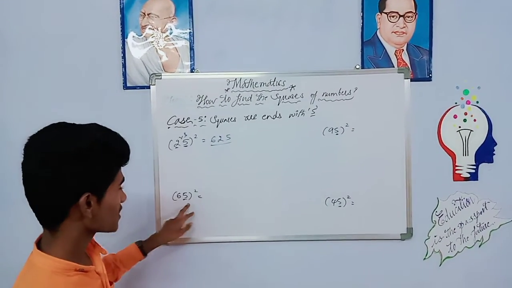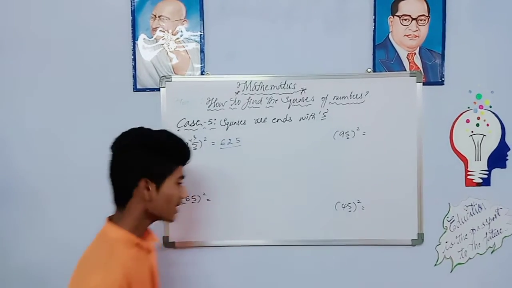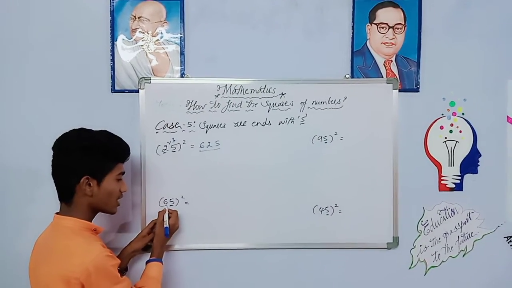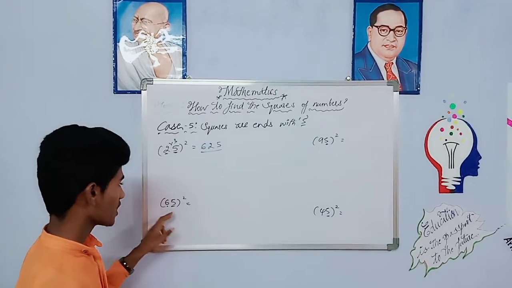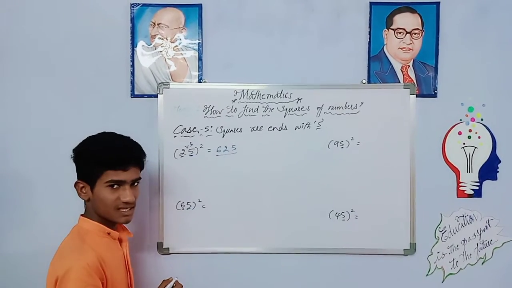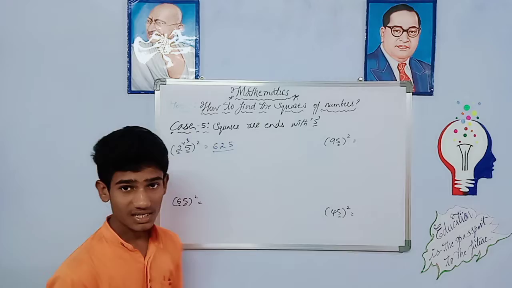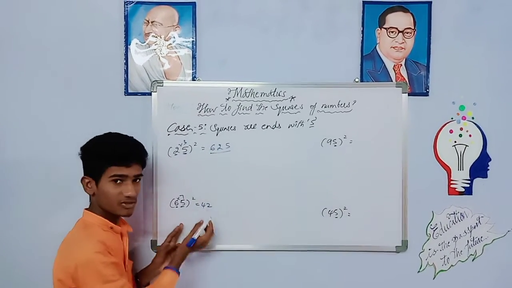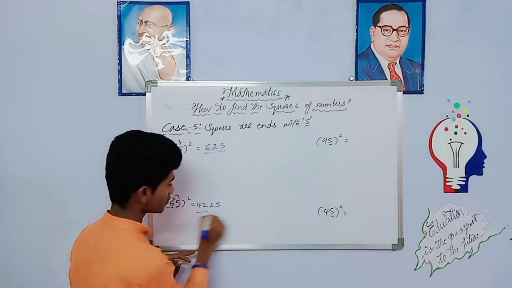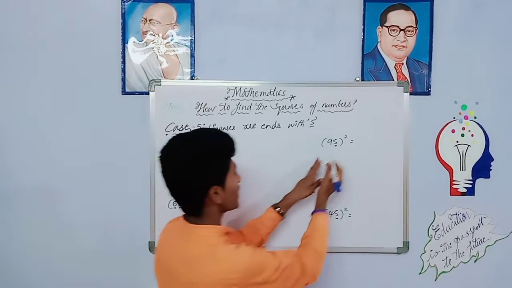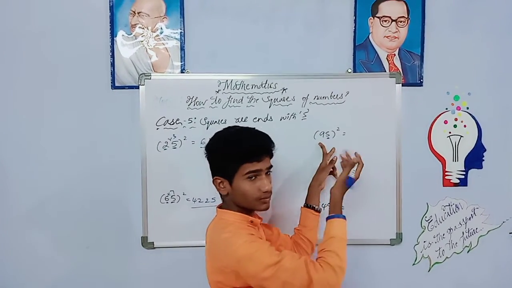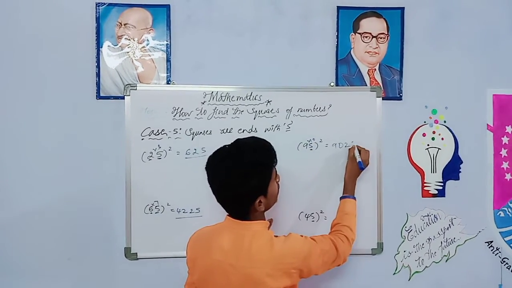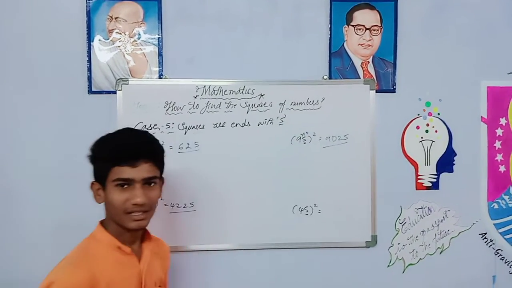When the numbers end with 5, you can easily get the answer. Here is 65 squared. What is the first digit? 6. After 6, we get 7. So 6 times 7 is 42. Next, 5 squared equals 25. 4225. Okay, next 95 squared: after 9 comes 10. 9 times 10 is 90. 5 squared equals 25. 9025.